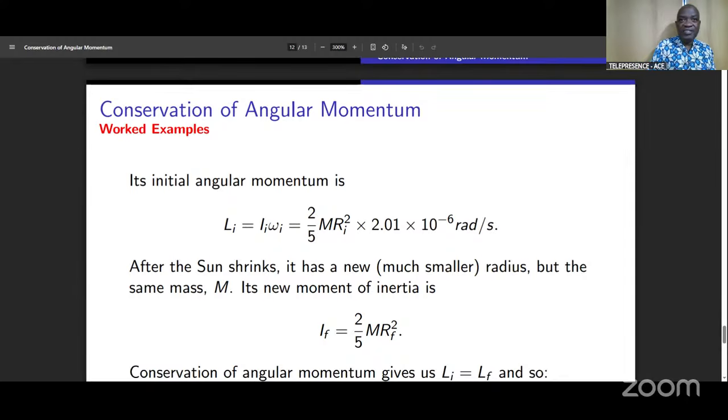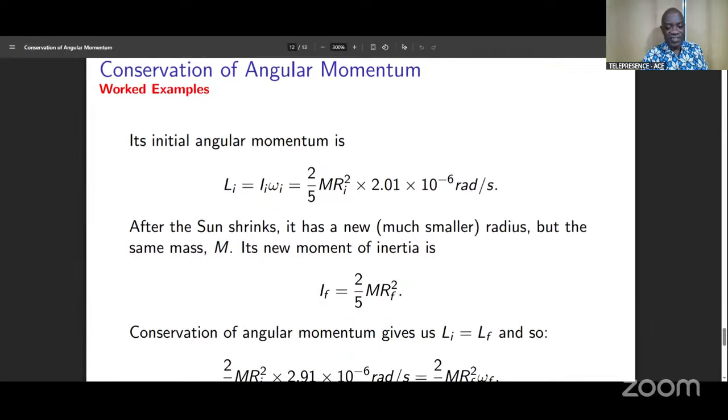So there is no need to substitute them. They will eventually cancel out because we are going to have I_i and I_f on both sides because of Li equals Lf. So it is better to just leave the computation as this, without putting in the values for m and ri.